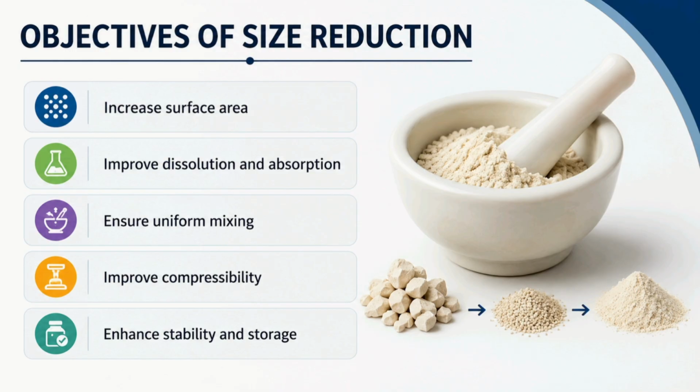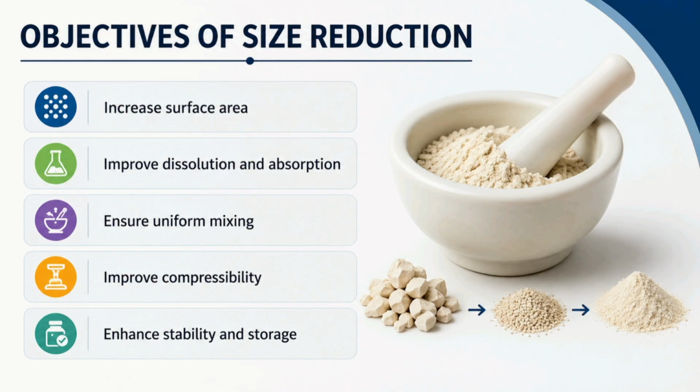The second objective is to improve the mixing of powders. Uniform mixing ensures equal drug distribution. The third objective is to improve the extraction process. In herbal medicines, smaller particles help in better extraction of the active ingredients.